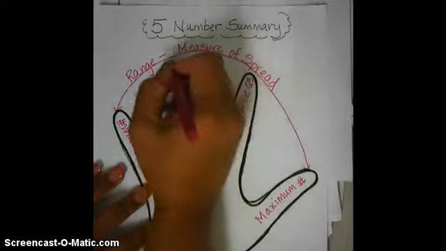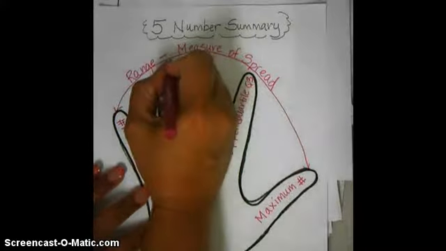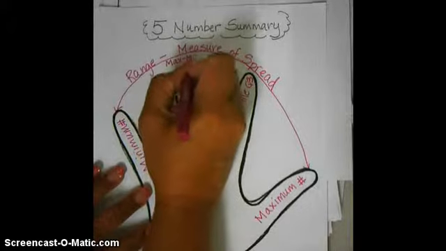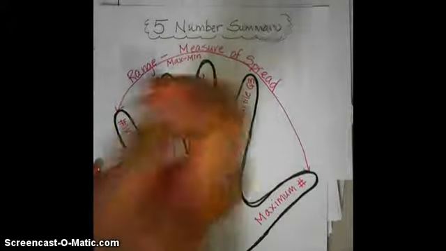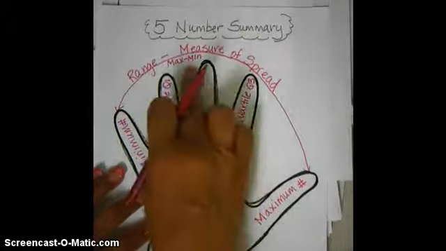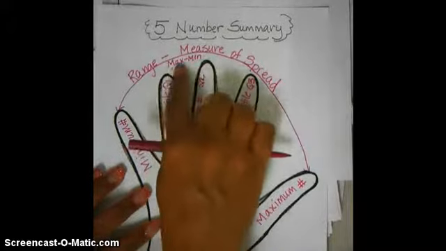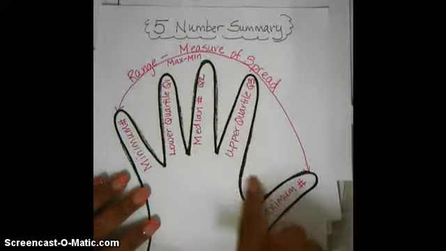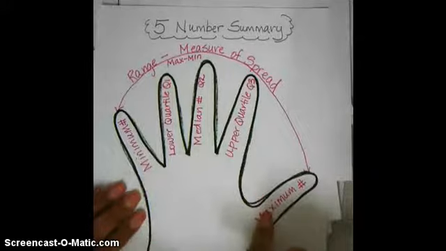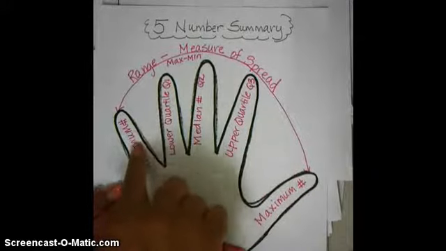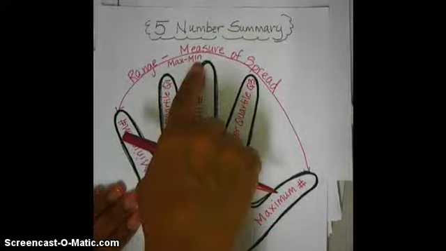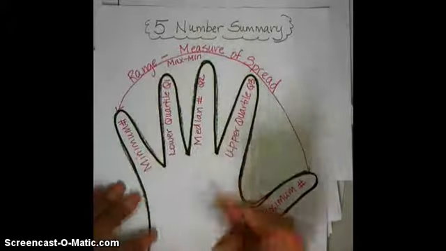And we find the range by taking the maximum number and subtracting the minimum number. So pause the video so that you can get this information on your paper. If you need to write these words out, please feel free to do so. This is maximum number, which is what I have written here. Subtract the minimum number, which I have written here. It is taking your largest number and subtracting the smallest number.